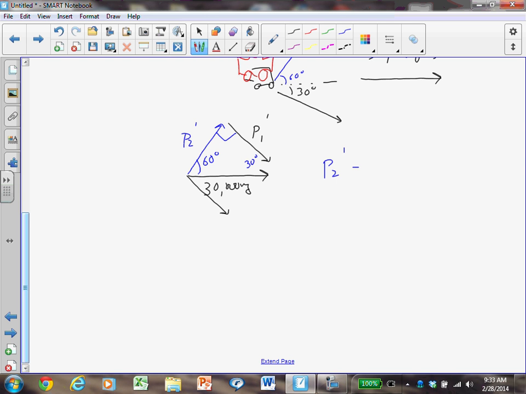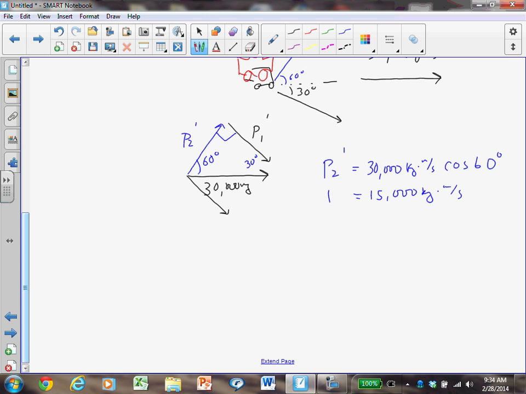So 30,000 times the cosine of 60 degrees. That's 15,000. Well, you know, right? Because you've been doing these triangles in class, haven't you?